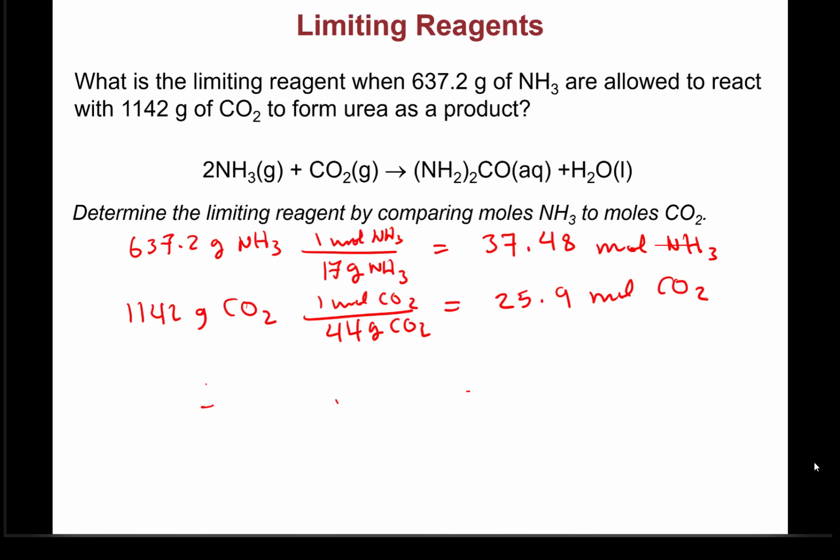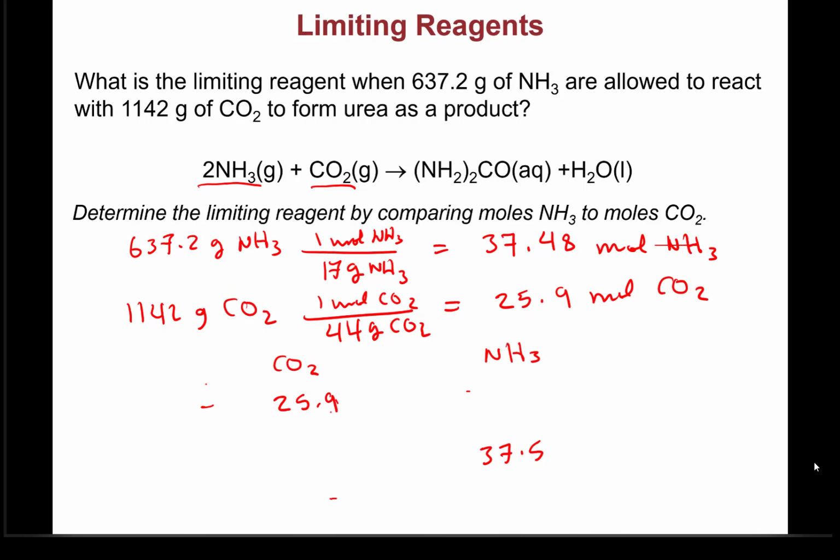Compare these two number of moles to find out which one is the limiting reagent. Again, don't fall to the mistake of just comparing the numbers in an absolute fashion. Don't take the smallest number no matter what. You have to take into account the mole ratio of the equation, which is 2 to 1. In other words, if you compare carbon dioxide with ammonia, we have 25.9 moles of carbon dioxide in our equation, and we have 37.5 moles of ammonia in this reaction.